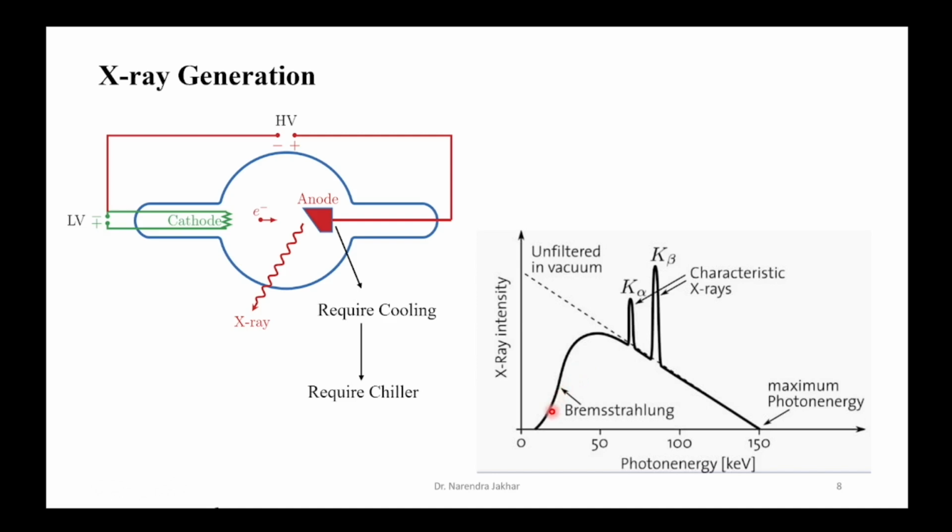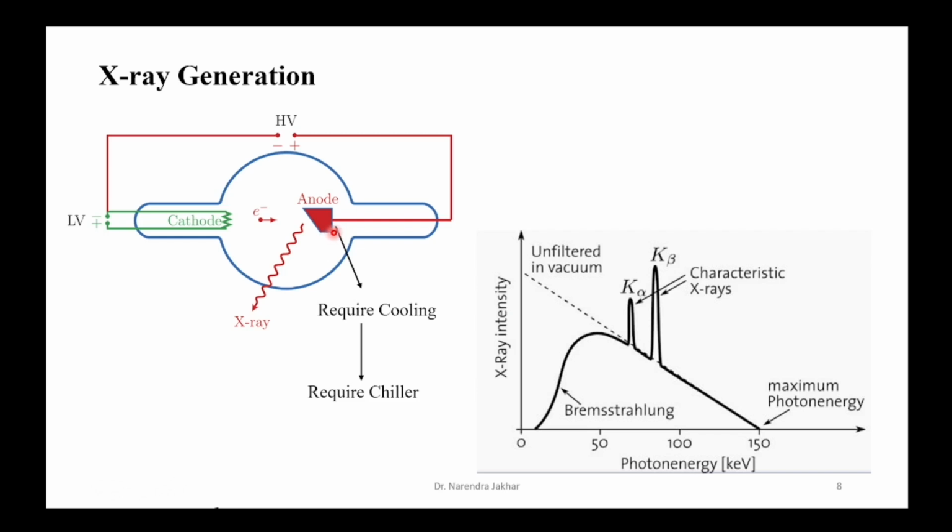The continuous X-rays come from the classical explanation of the electrons' acceleration, and since the electrons come to rest by colliding with the anode material, this process is known as the Bremsstrahlung process. And the origin of the characteristic X-rays is the characteristics of the anode material. So K alpha and K beta are the characteristic X-ray peaks of the anode material.